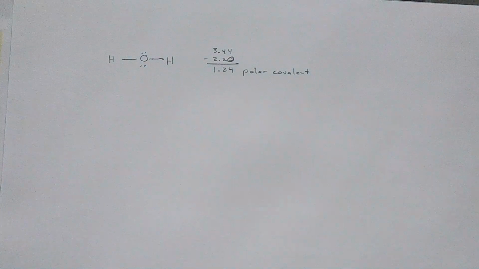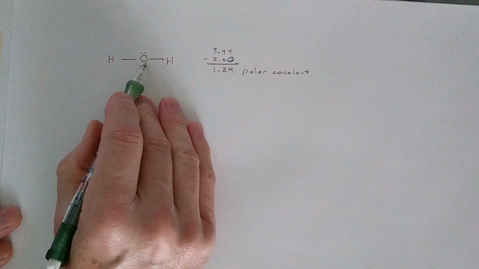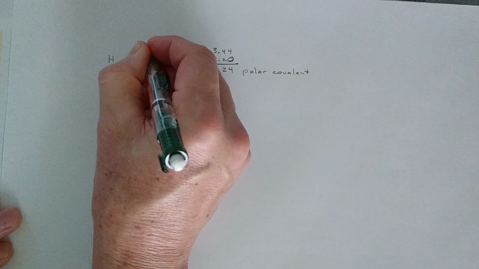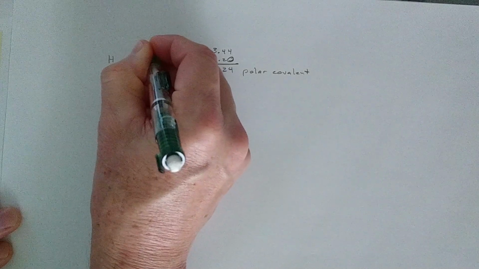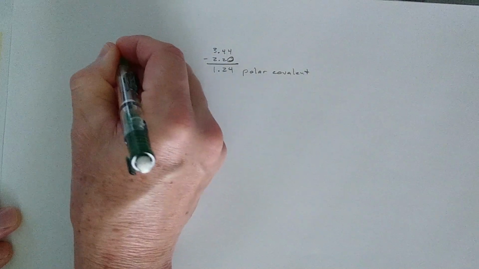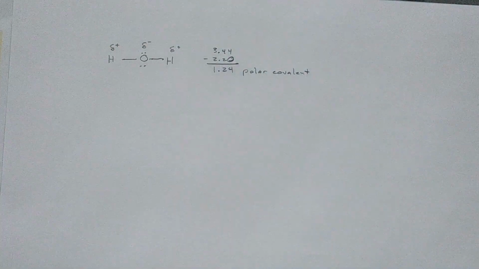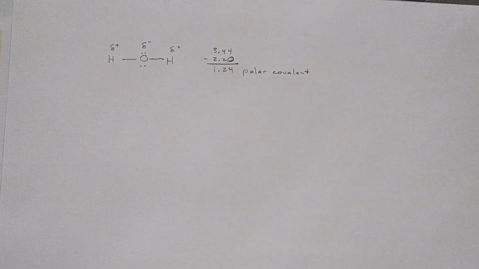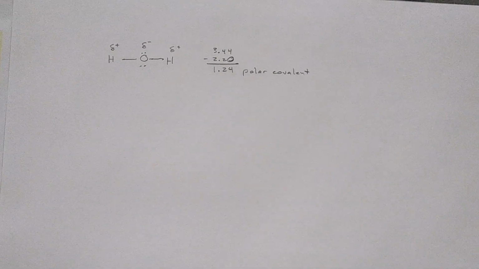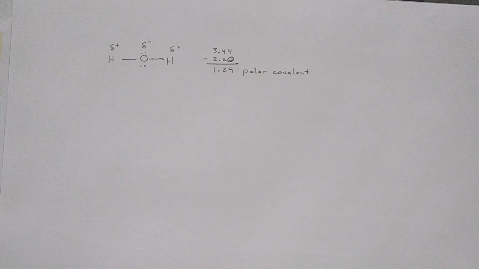So there is a polarity between the oxygen and hydrogen. We shall say that oxygen has a partial negative charge and each hydrogen has a partial positive charge. The strength of the partial negative charge on oxygen is twice the strength of the partial positive charge on each hydrogen atom. We must now return to the mathematical concept of a vector.